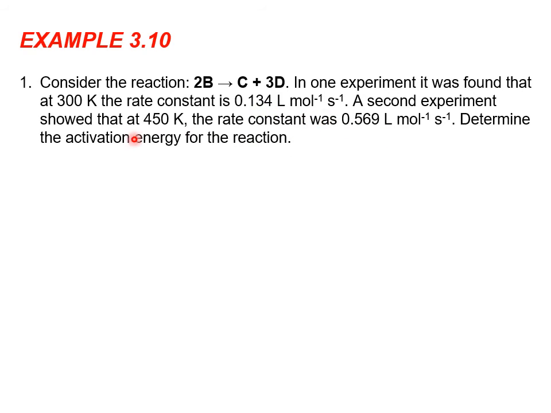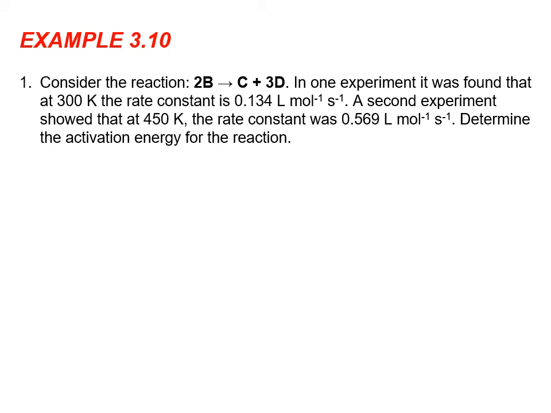A second experiment showed that at 450 K, the rate constant was 0.569 liter per mole per second, meaning that the temperatures are already in absolute temperature. It is giving T1 and k1, T2 and k2. So we need to determine the activation energy for the reaction.